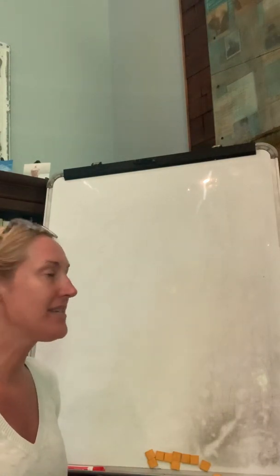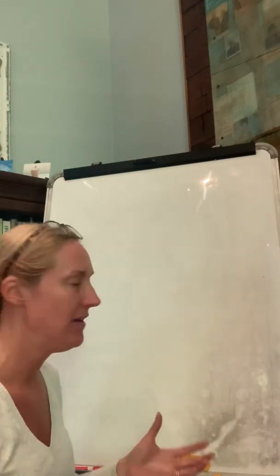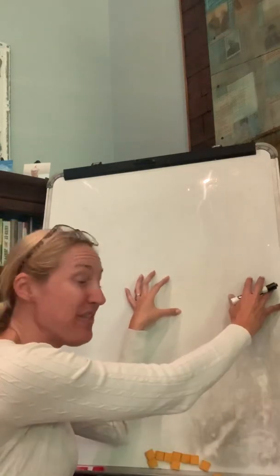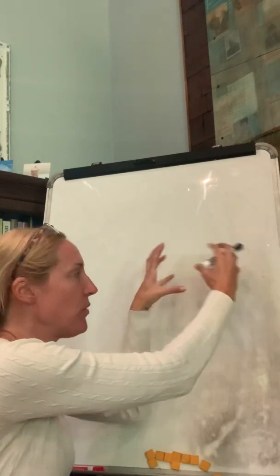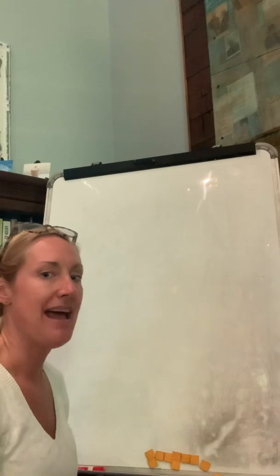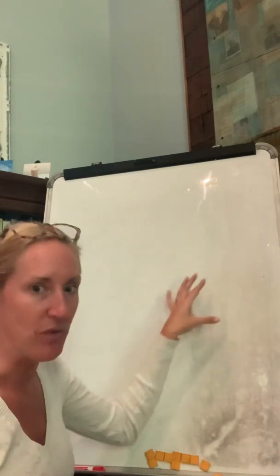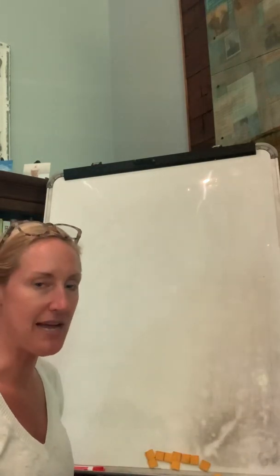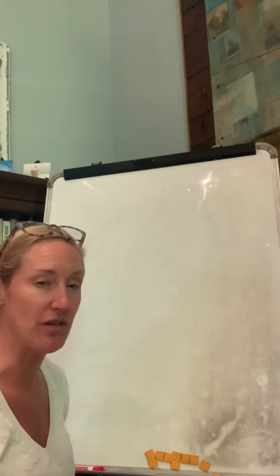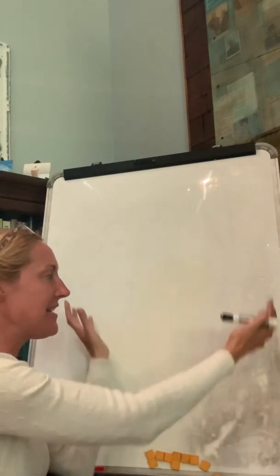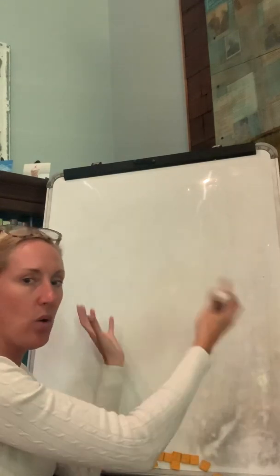So for instance, if we're adding, we might have two different amounts that we're putting together. Now, if we're adding the same amount several times, that's going to be multiplication. But anytime we're putting something together, it's either adding or multiplication.